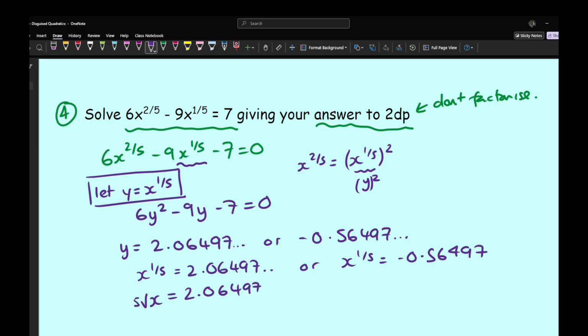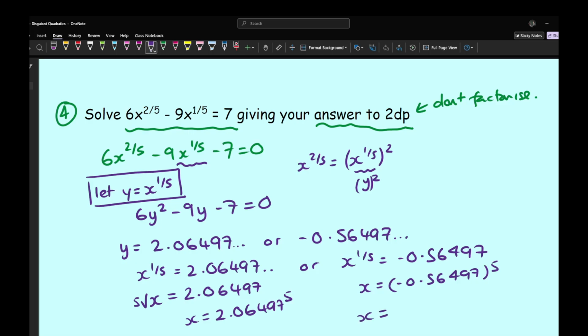So to find out what x is, all I've got to do is raise 2.06497 to the power of 5, and the same thing with this: x is going to equal minus 0.56497 to the power of 5.